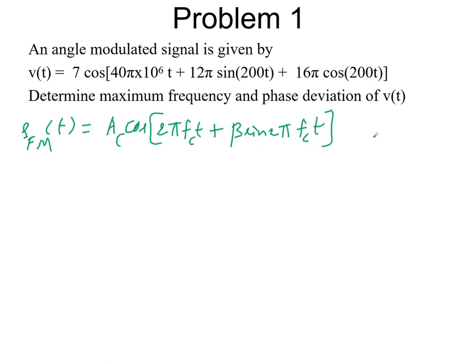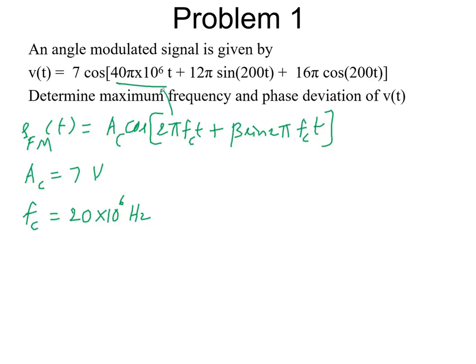And here if you compare, you can correlate your Ac, the carrier amplitude, as 7, then the carrier frequency fc, from this if you observe, is 20 times 10 power 6 hertz. Since it is a voltage, if it is not given, you should be treating it as a voltage signal. That is, your carrier amplitude is 7 volts, carrier frequency is 20 times 10 power 6.